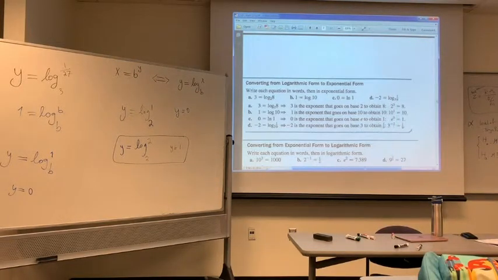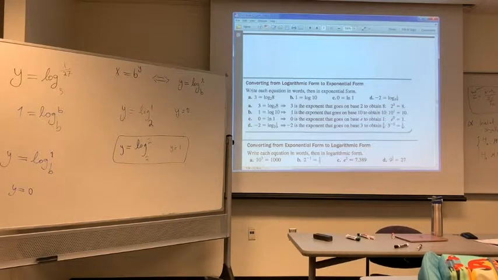So, look at this one. 2 power 3 is 8. This one, log of 10. What is the base here? Log of 10, we don't know the base, is equal to 1. So base should be equal to 10.